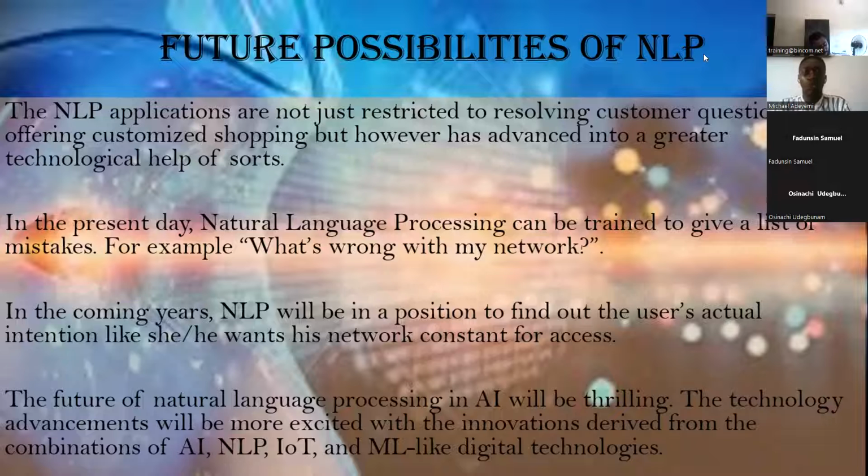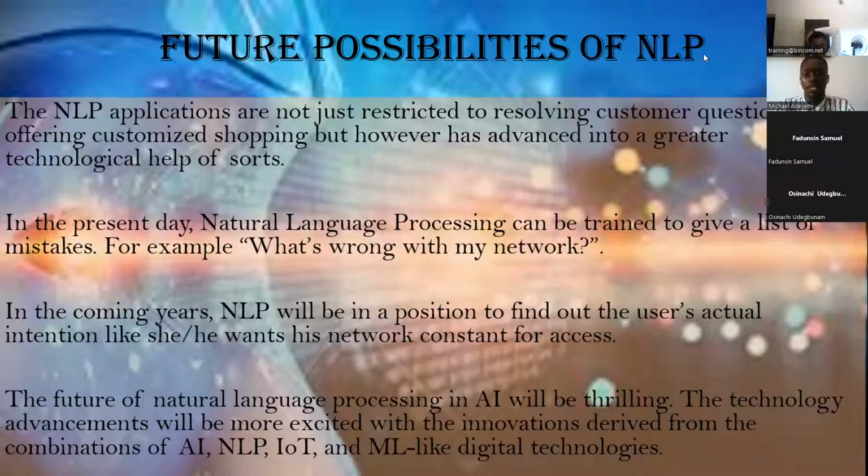Those applications I just listed are the present possibilities or opportunities that NLP presents. Now, in the coming years, NLP will be in a position to find out the user's actual intention, like he or she wants network access.